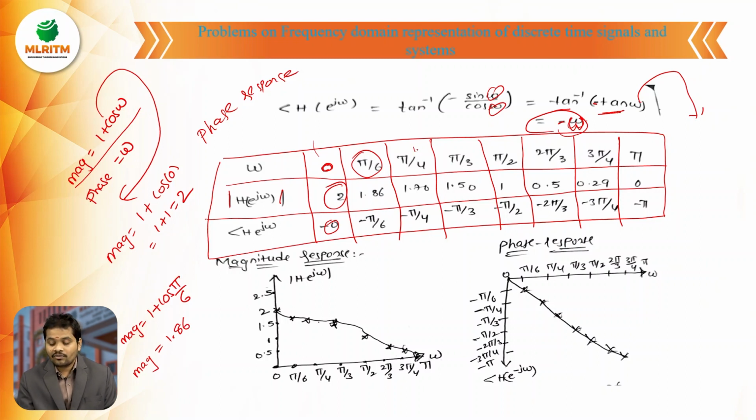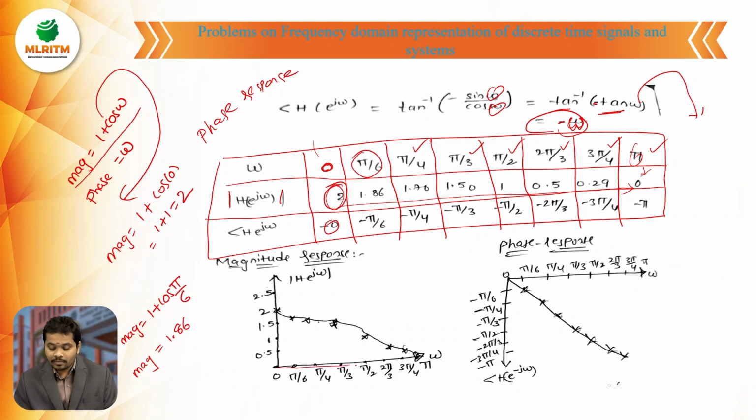For different values of pi by 4, pi by 3, pi by 2, 2 pi by 3, 3 pi by 4, pi, I am considering these omega values for plotting this frequency response. For different values we obtain different magnitudes and different angles. If you observe, the magnitude response of the system is decaying. For 0 it is highest and for pi it is very low, which means the magnitude response is decreasing.